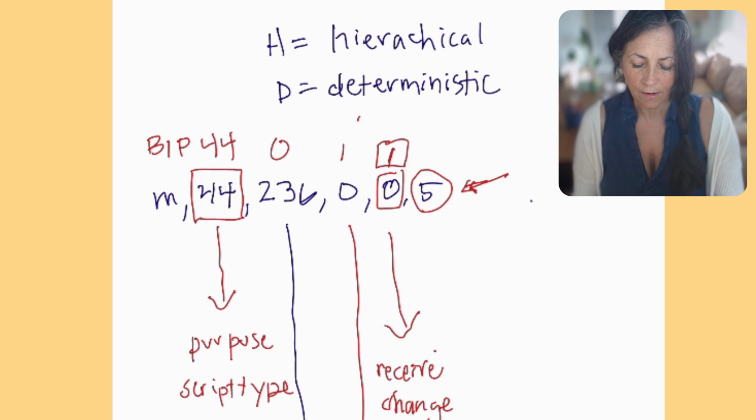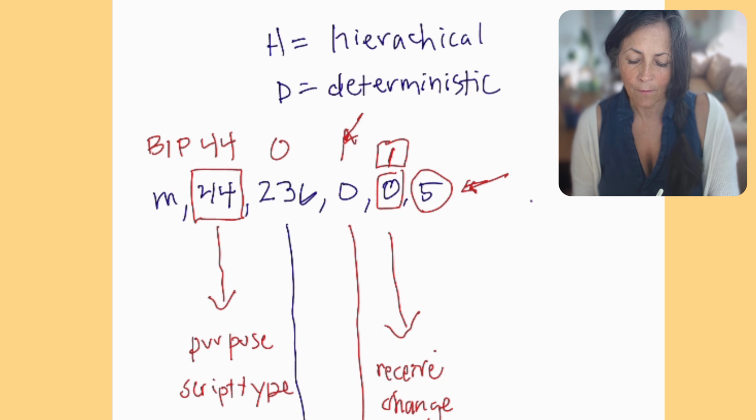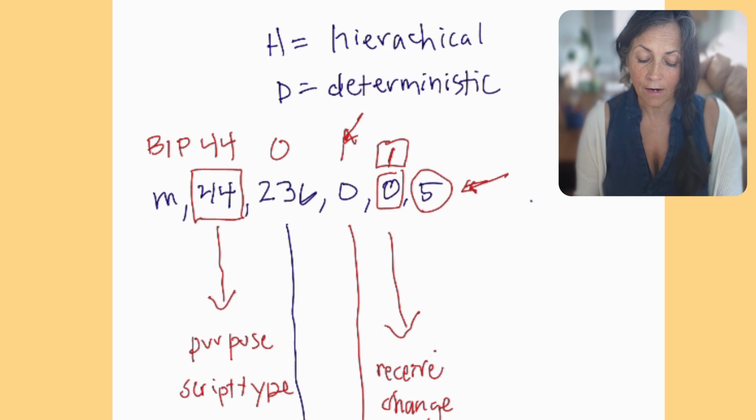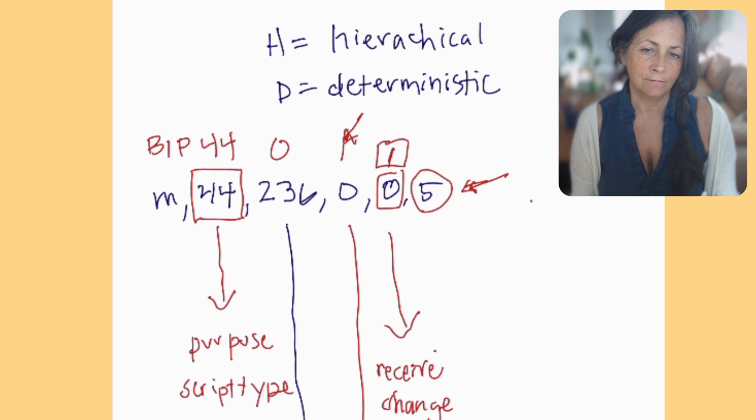But anyway, say you're at your second address, then the path would be M44 236 1, and it's a public, so let's say it's 0, and then 5 would mean your 6th address in that tree.